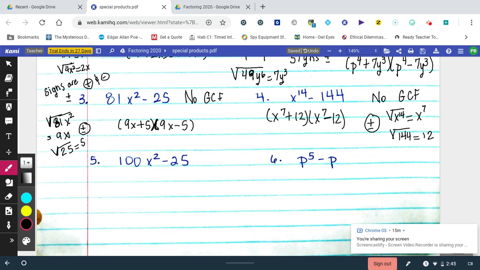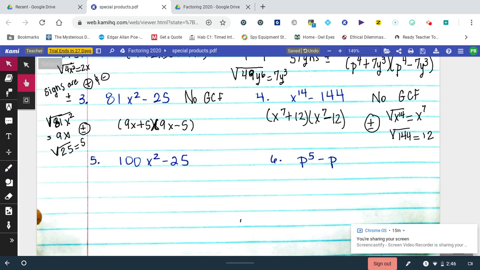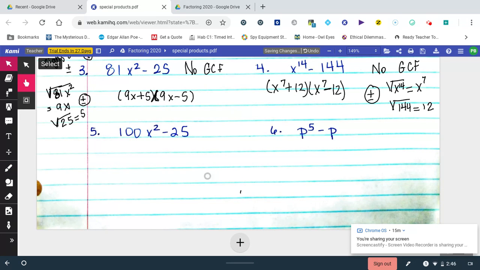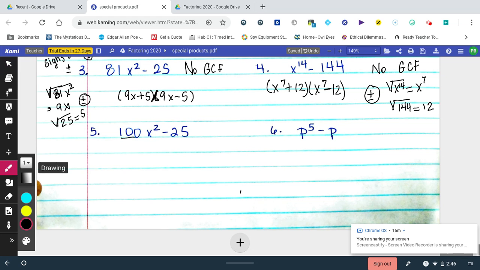Now look at the last two. The last two, I'm just going to go ahead and tell you there's a GCF on the last two. All right, so if you look at 125, the GCF is 25. 25 is the biggest divisor of 125. 100 has x squared, but the 25 doesn't have an x at all.